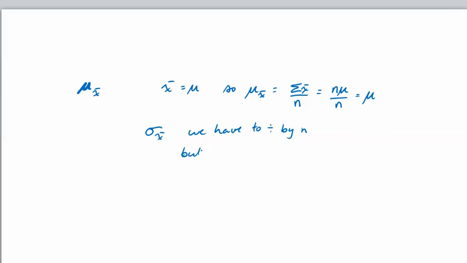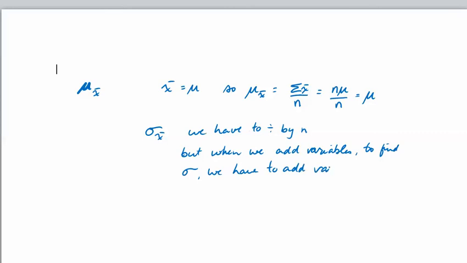But when we add random variables to find the standard deviation, we actually have to add variance.